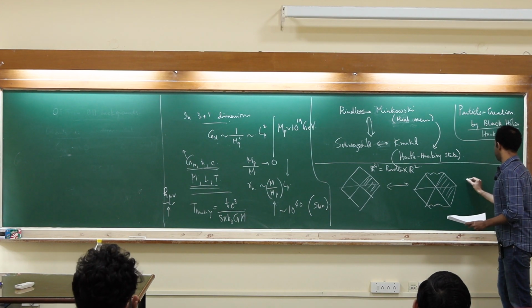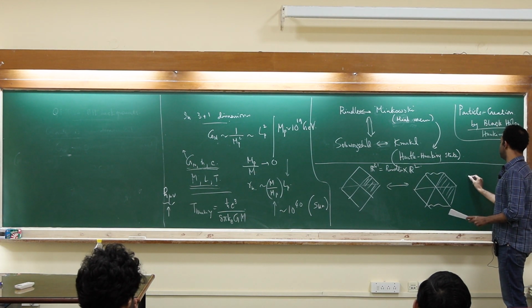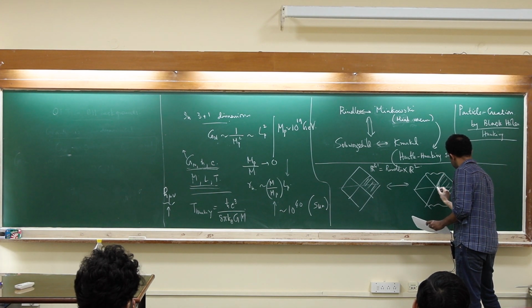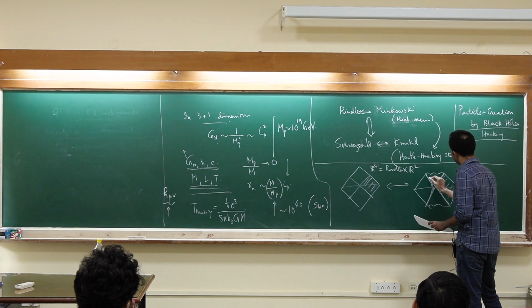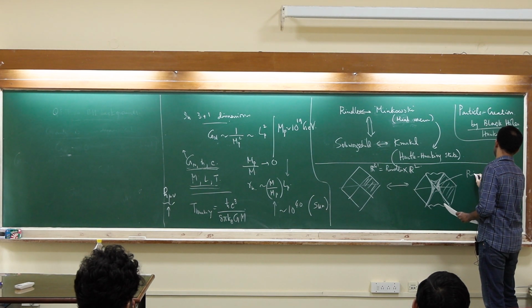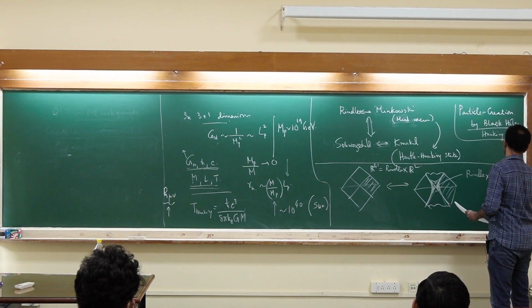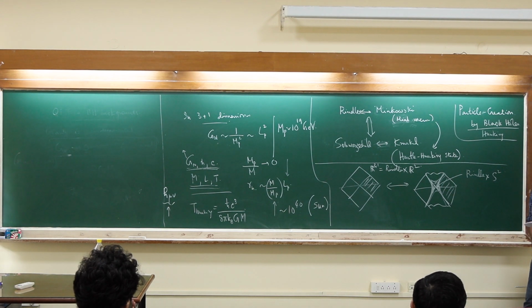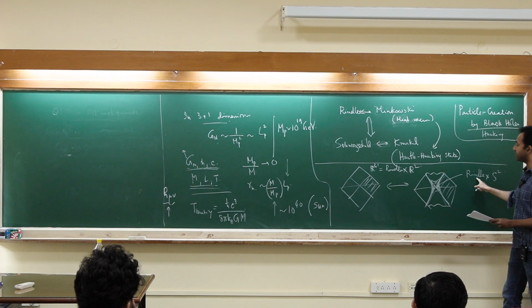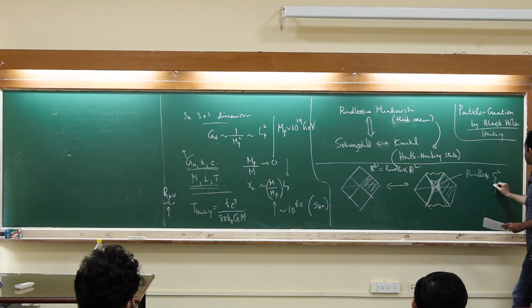But here, in the near horizon region, where it is basically approximated by Rindler, the geometry is Rindler times an S2, because the sphere is still there. So this Schwarzschild basically becomes Rindler, but it's important that this S2 is an S2 and not an R2.